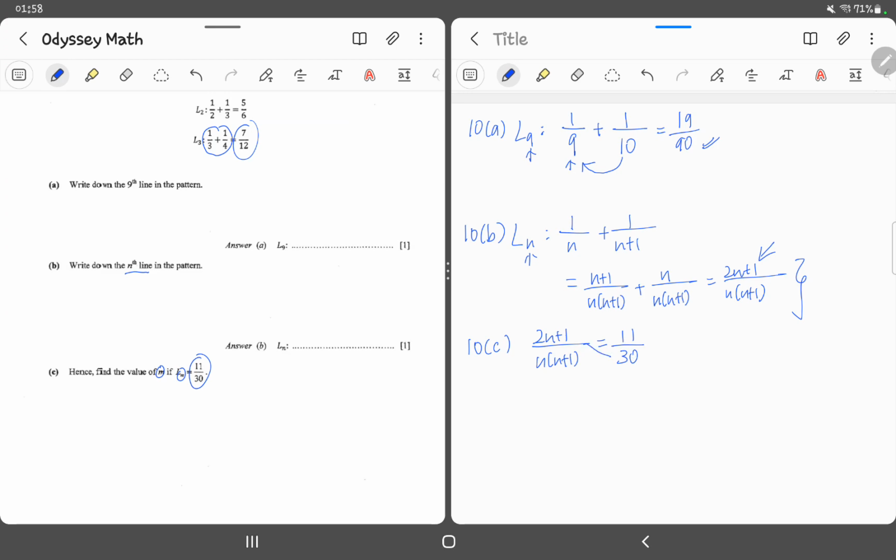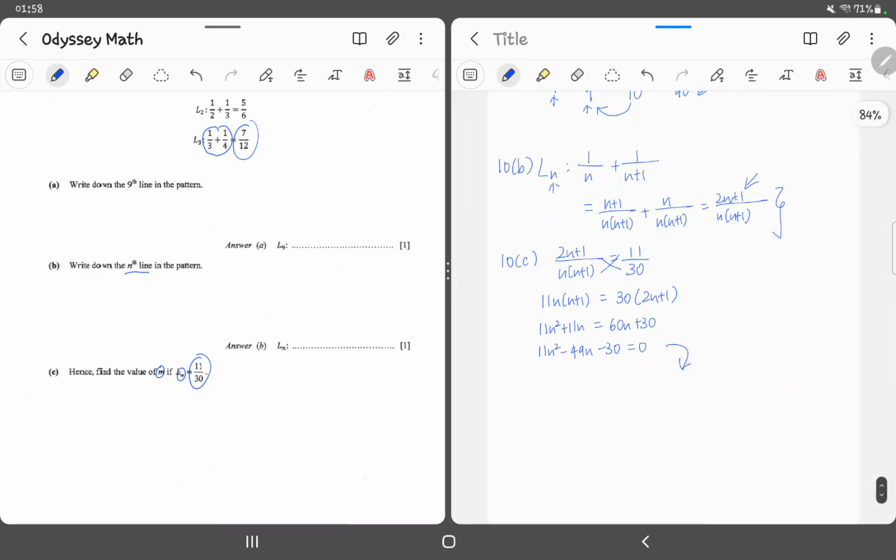So cross multiplying, we get 11n bracket n plus 1 bracket equals to 30 bracket 2n plus 1, which means that this is 11n squared plus 11n equals to 60n plus 30. So this is 11n squared minus 49n minus 30 equals to 0.